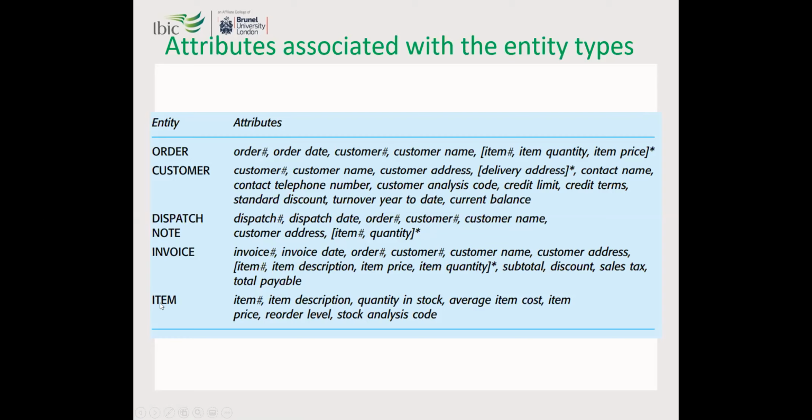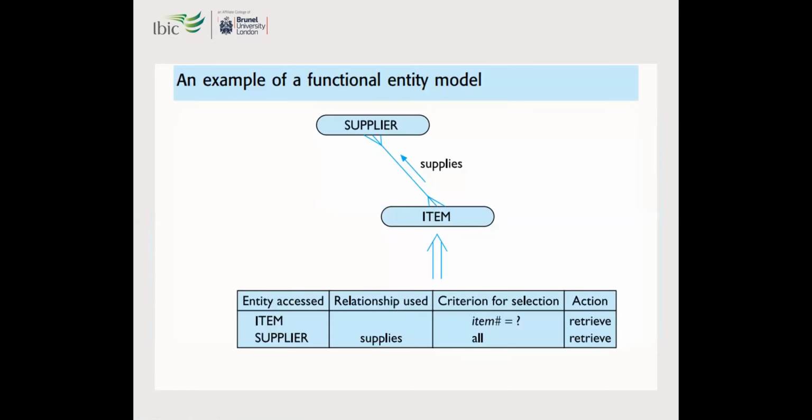For example, an item can have item number, item description, and more attributes, where each attribute represents a field or a column in a table. So as I said, you can convert this into another structure or vice versa.